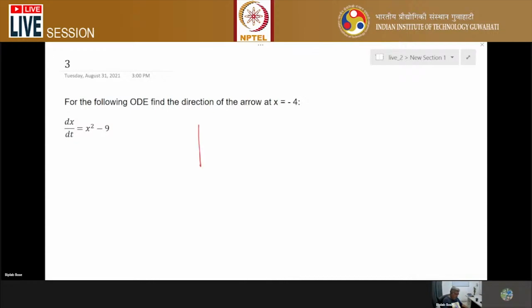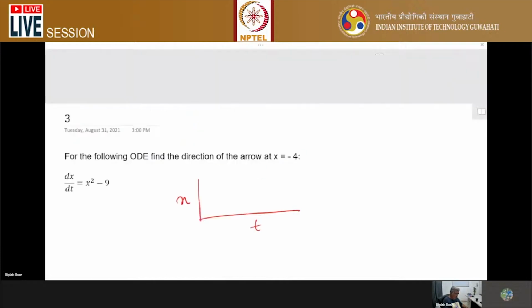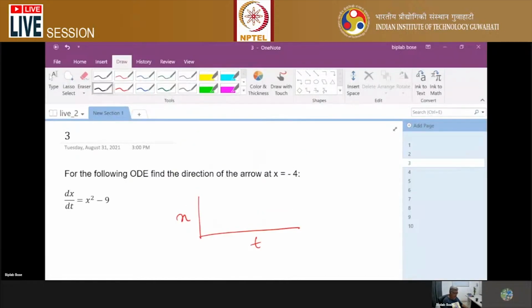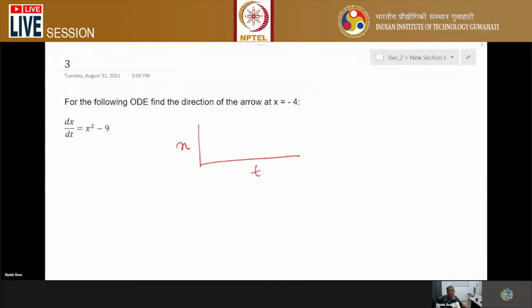So you are creating a direction field, x versus t, and I am asking you to tell me the direction of the arrow at x equal to -4. Suppose this is -4. Suppose this is 0. So I am asking you to calculate the direction of the arrow at x equal to -4. Now you can say, okay, x equal to -4 at what t?